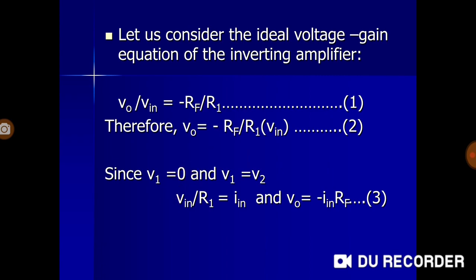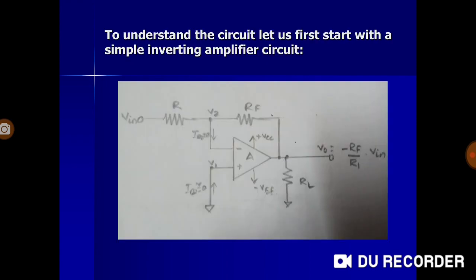Now let's look at the circuit, V1 is 0 and V1 is equal to V2. Here again I will refer to this circuit where V1 is grounded, so it is 0, and V2 is also 0 because of the virtual ground effect. Perhaps in the earlier circuits we have gone through, we know what the virtual ground effect is.